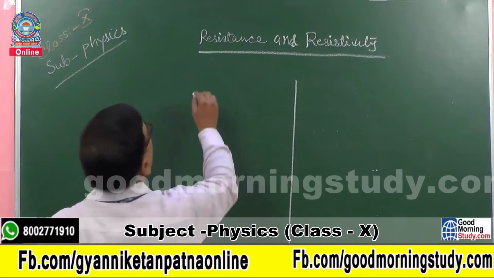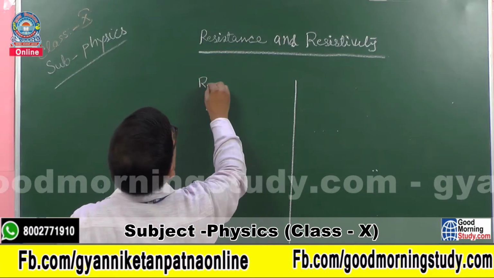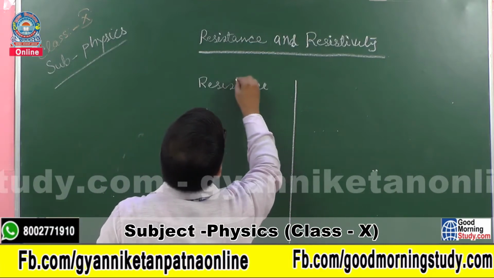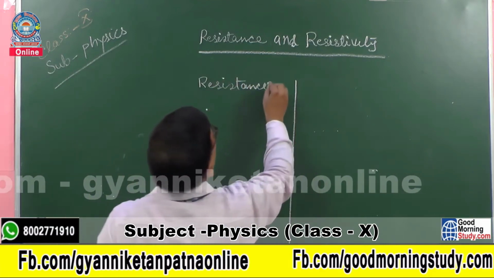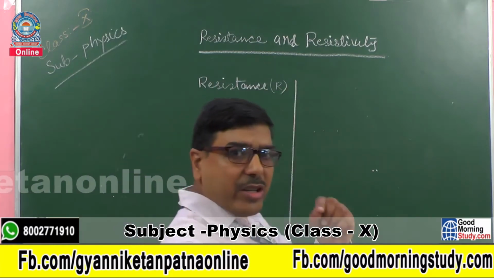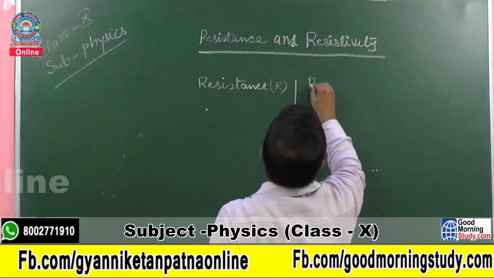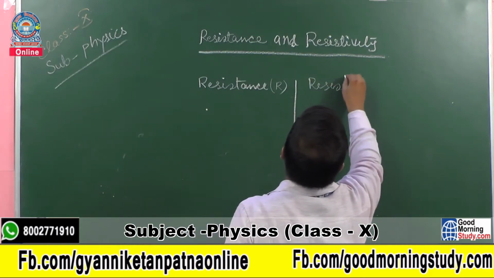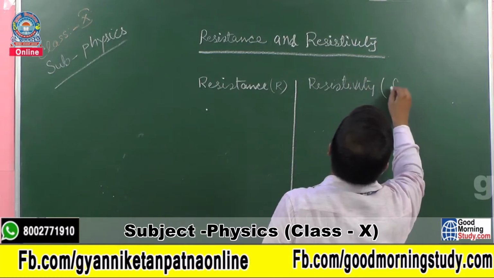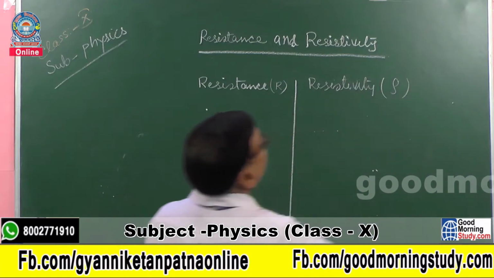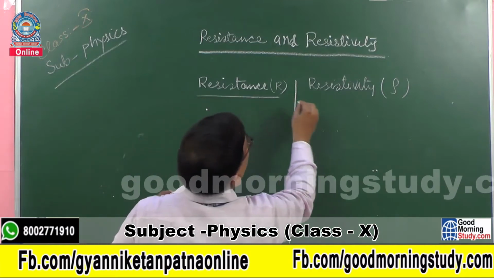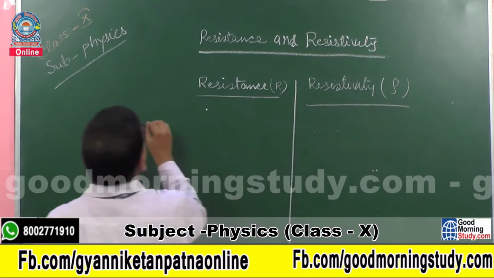So first point, we will write about resistance, denoted by R, okay, and resistivity, it is denoted by rho, omega, you can say that. So first point is that, what is the first point?